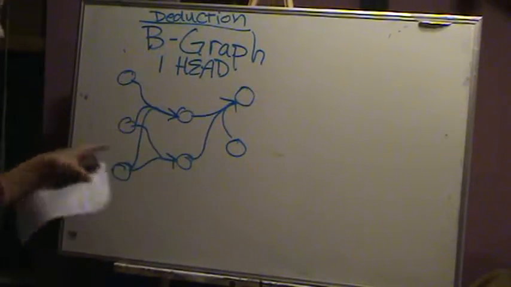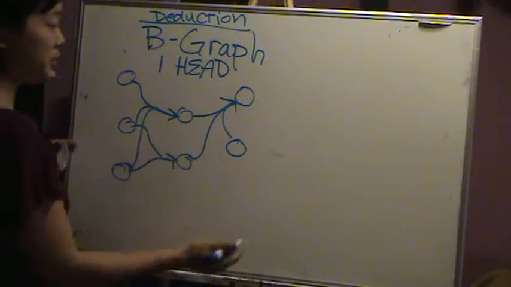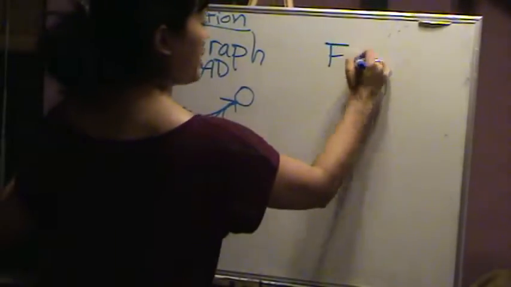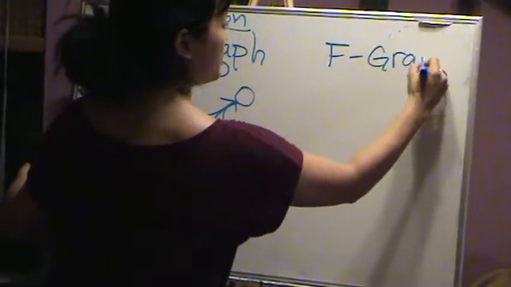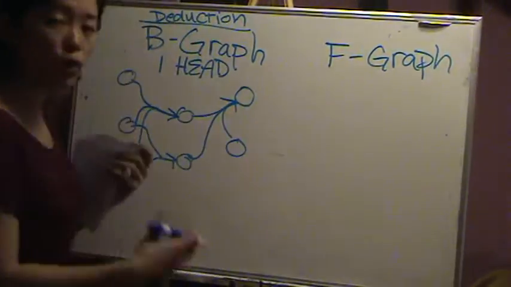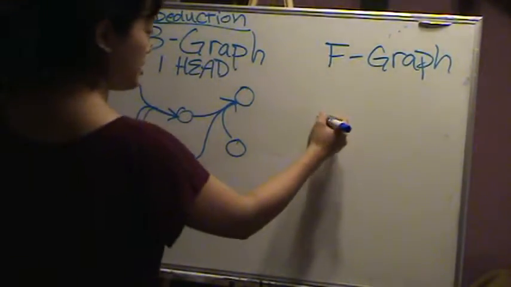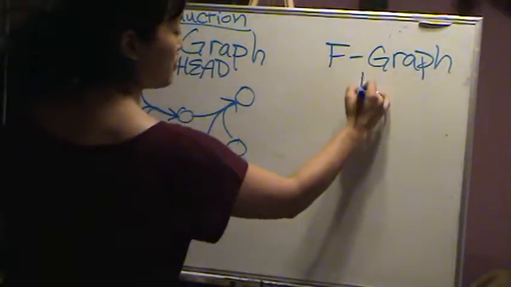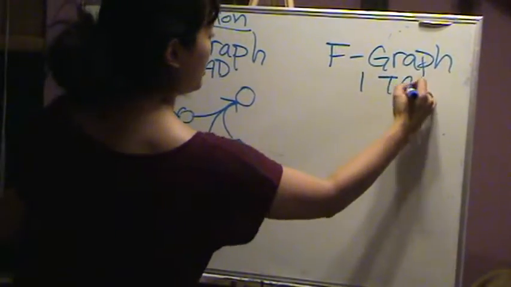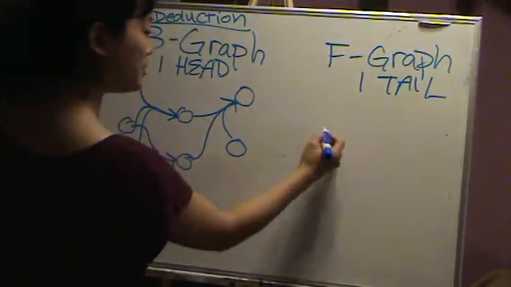The alternative to that is an F graph, or forward graph, because it has forward arcs, and those have only 1 tail.